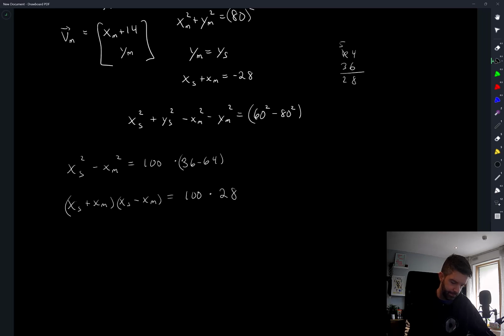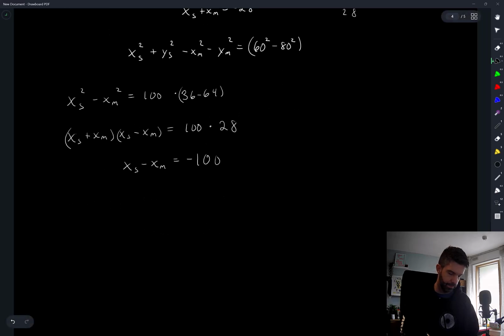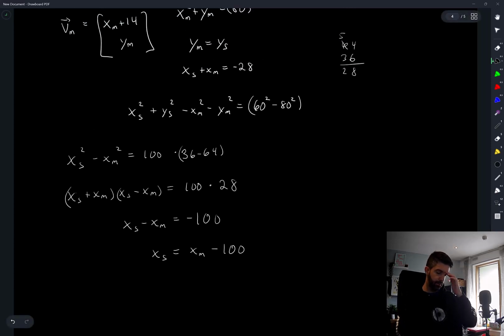Okay, this is a little bit nicer. Xs minus xm is equal to negative 100. Okay, so xs is xm minus 100.